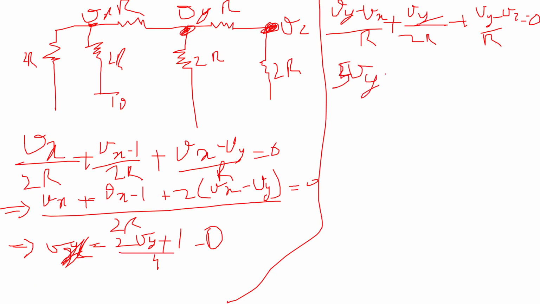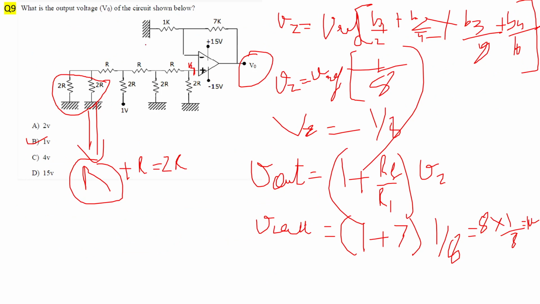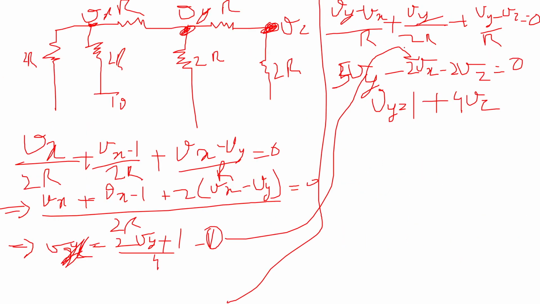So 5Vy minus 2Vx minus 2Vz equal to 0. This is simple mathematics, it's not that difficult. Now using the value of Vx here, my final expression for Vy is (1 plus 4Vz) by 8.